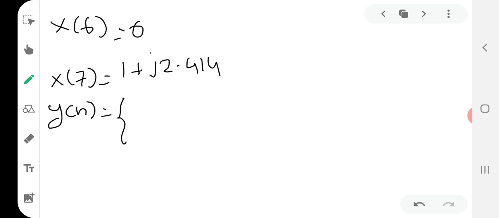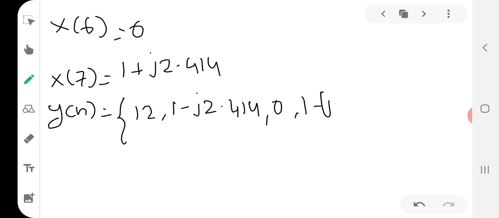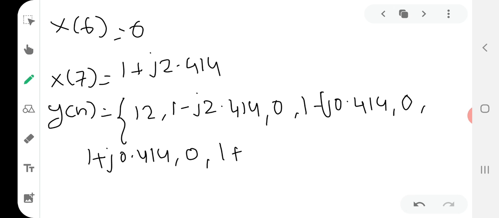12, comma, 1 minus j 2.414, comma, 0, comma, 1 minus j 0.414, comma, 0, comma, 1 plus j 0.414, comma, 0, comma, 1 plus j 2.414.